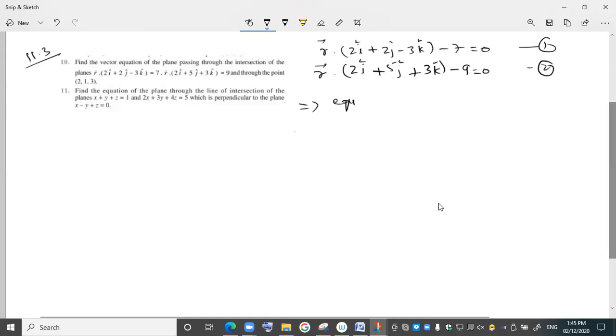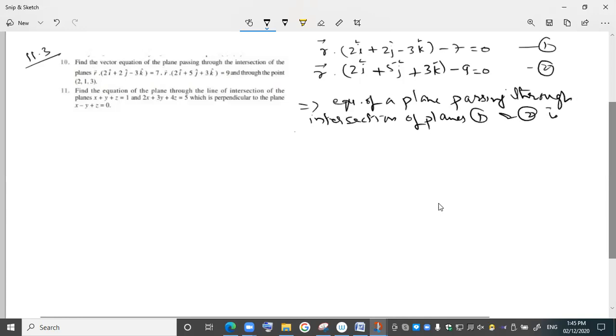Equation of a plane passing through intersection of planes 1 and 2 is, write the first equation: r dot (2i cap + 2j cap - 3k cap) minus 7, plus, as we did in the Cartesian form, lambda times the second equation.